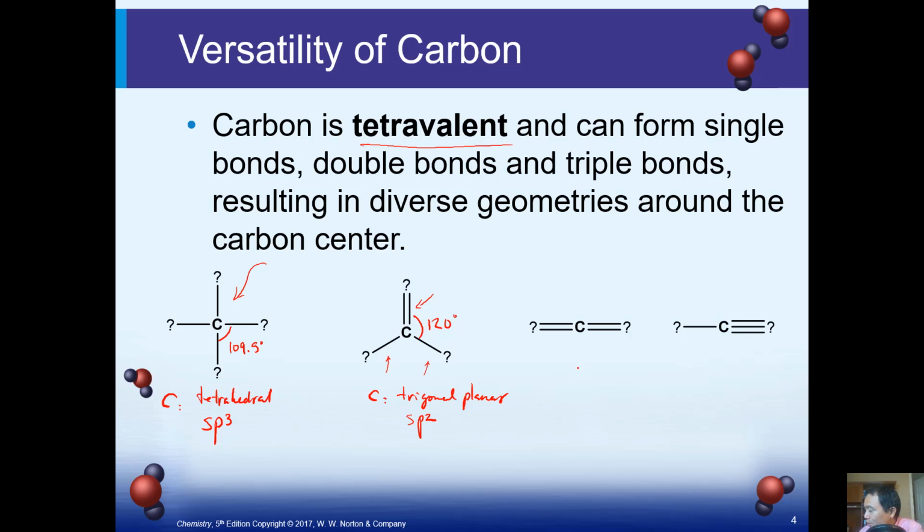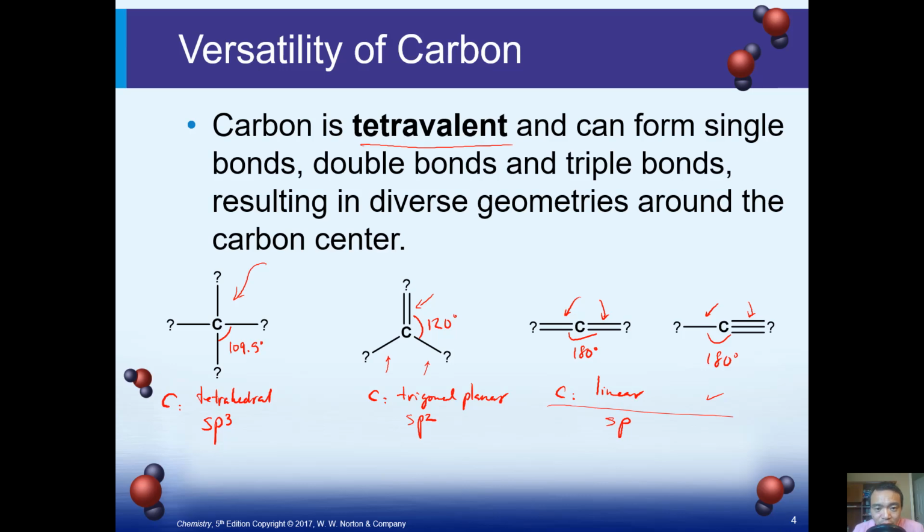For the third and the last one, the carbon has 2 electron groups, one on the left, one on the right, so the carbon has a linear shape. It's sp hybridization, and the bond angle is 180 degrees for both of them.